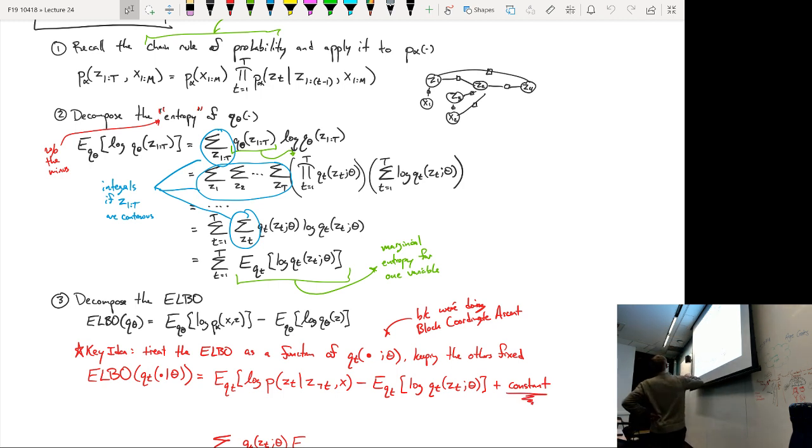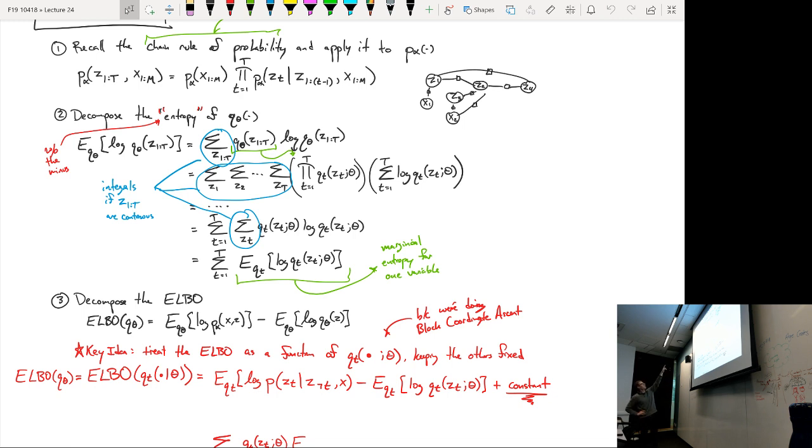So what I'm claiming here is that this ELBO of q theta is actually equal to what I just wrote, right? So this ELBO is equal to this plus a constant if we're thinking of this as a function of just qt. Because what we're essentially doing is we have this expectation over the joint of z and x.